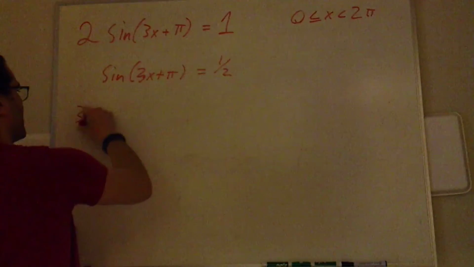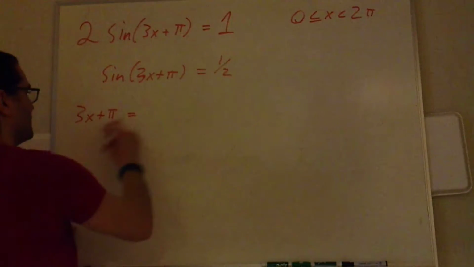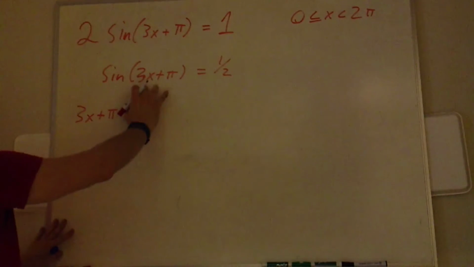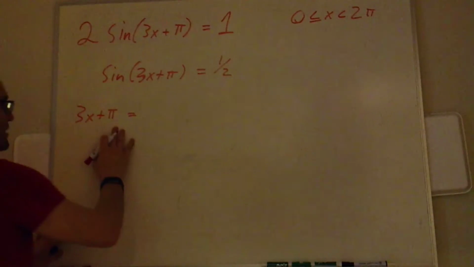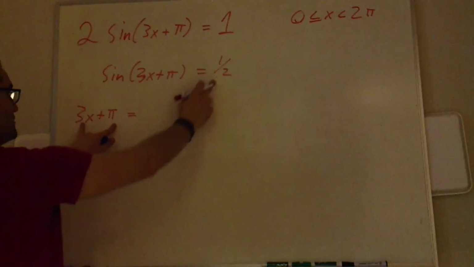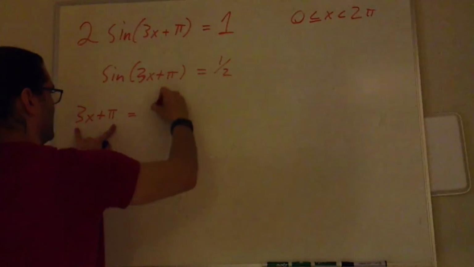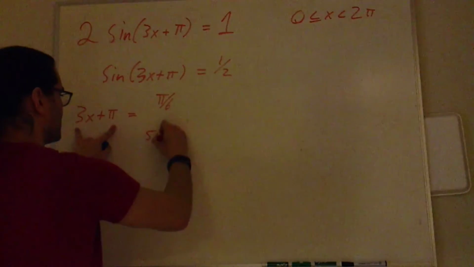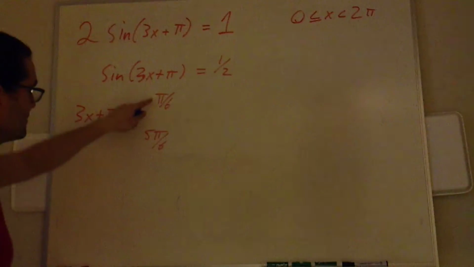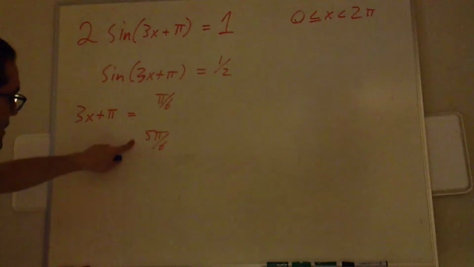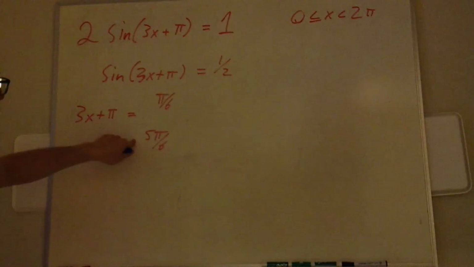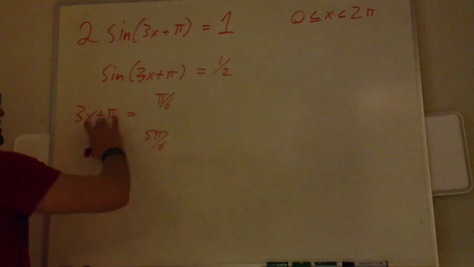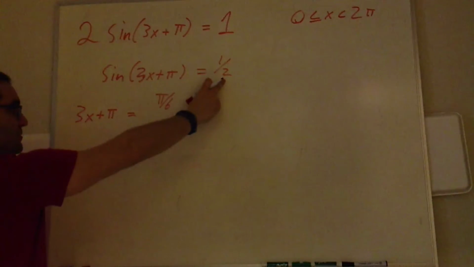So 3x plus pi, these are our angles. This is the stuff that goes into the sine function. This stuff, if we want the sine of it to be 1/2, is going to have to either be pi over 6 or 5 pi over 6. These are the 2 angles on the unit circle that produce this as their sine value.